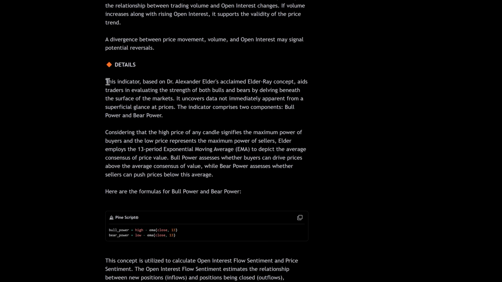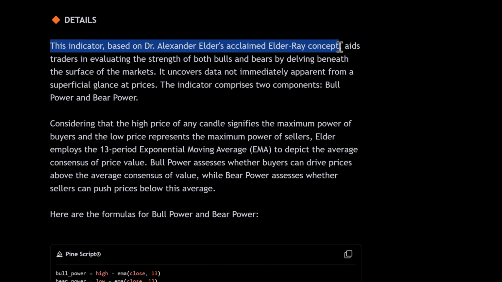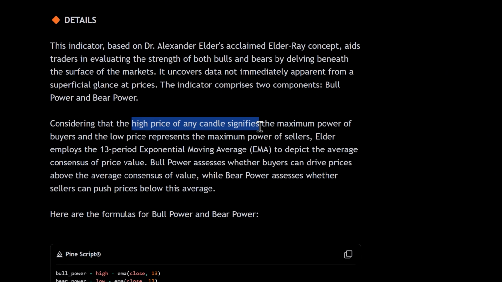Now, an important thing to note before we go over the conditions for taking a long position is that this indicator is based on Dr. Alexander Elder's acclaimed Elder Ray concept. Considering that the high price of any candle signifies the maximum power of buyers and the low price represents the maximum power of sellers, Elder uses a 13-period EMA to depict the average consensus of price value.